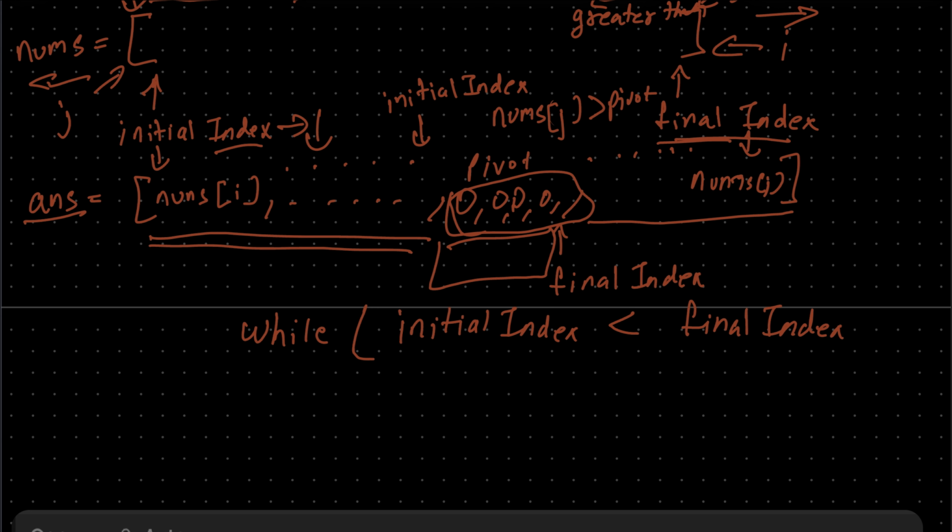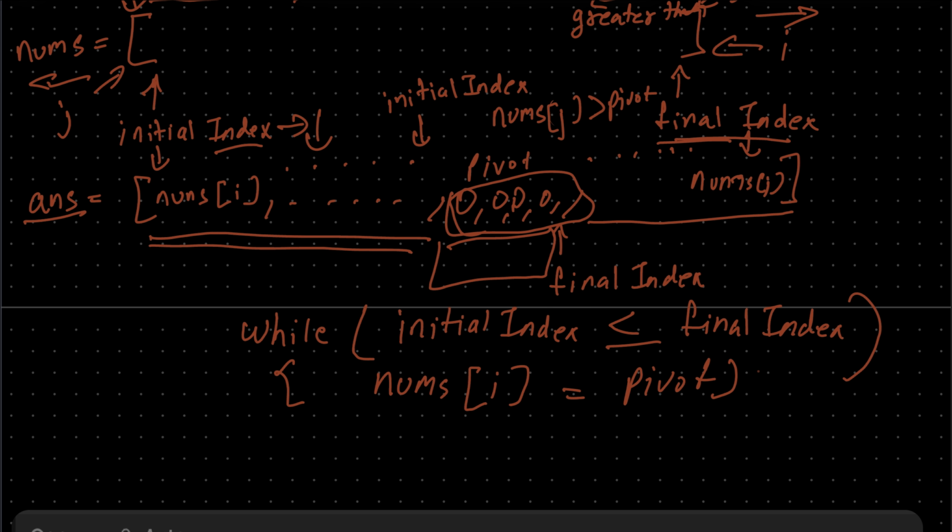And we know the final index is also the element which is not greater than pivot, so we'll make it less than or equal to, and for every value we'll just make nums[i] equal to pivot.